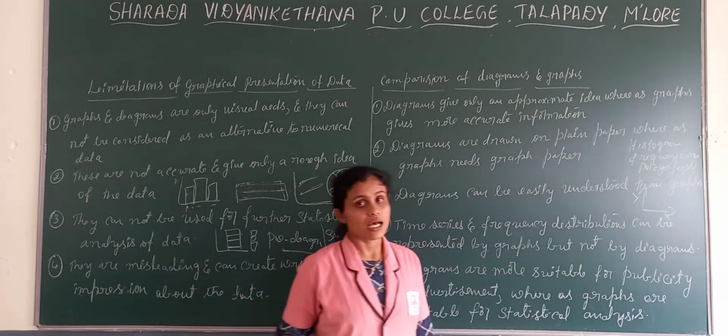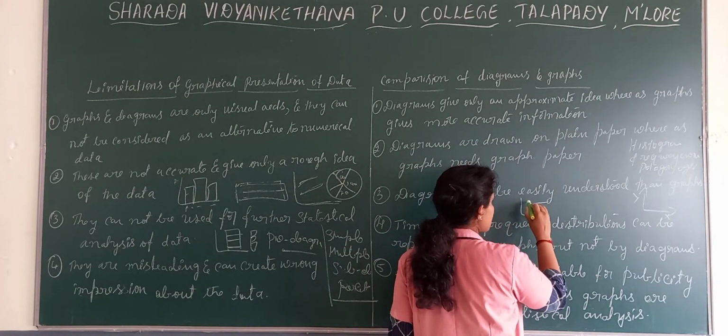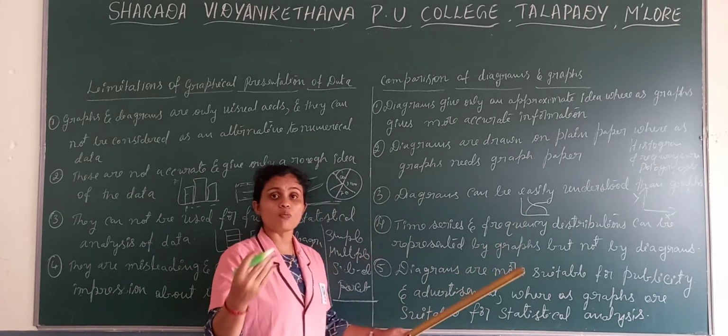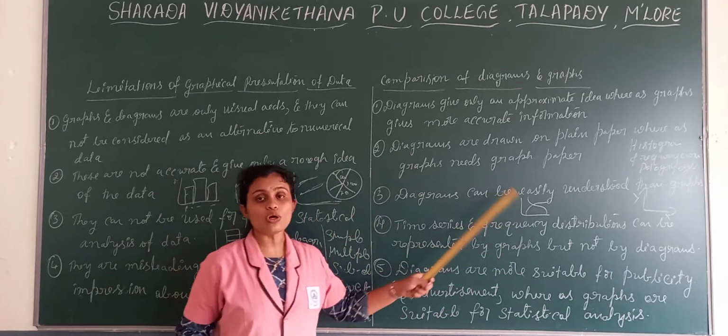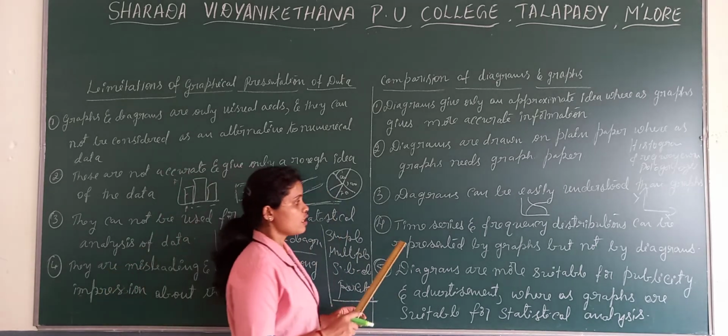Graphs are a bit difficult, such as the less than ogive and more than ogive. We need to observe them more than diagrams in order to understand. So diagrams are easier than graphs.